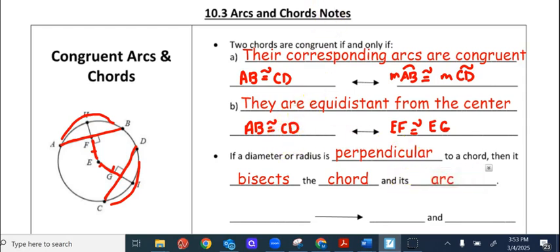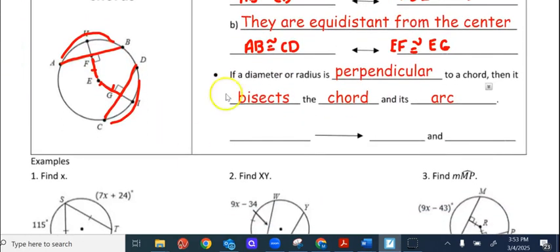So an example of that is if EF is perpendicular to the chord AB, then you know that AF equals FB because they got bisected.